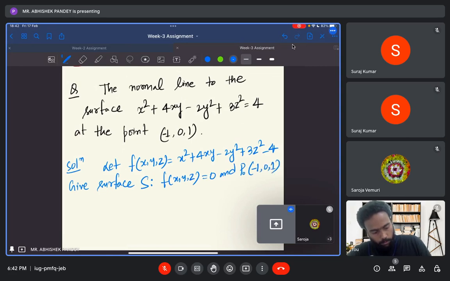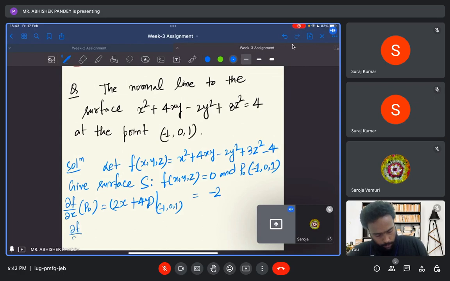Okay, so del f by del x at p naught is nothing but 2x plus 4y at point (-1, 0, 1), which is -2.